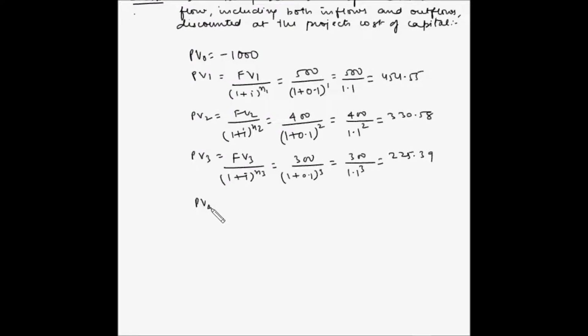And PV4 is equal to FV4 divided by 1 plus I to the power N4. So this is 100 divided by 1 plus 0.1 to the power 4, so 100 divided by 1.1 to the power 4, which is equal to 68.3.